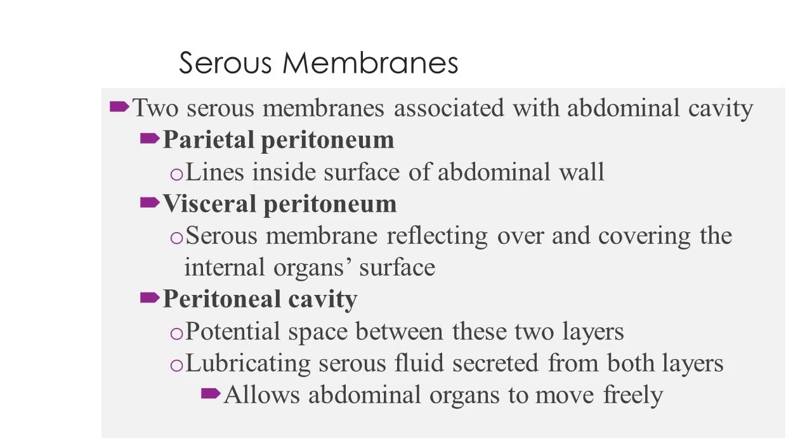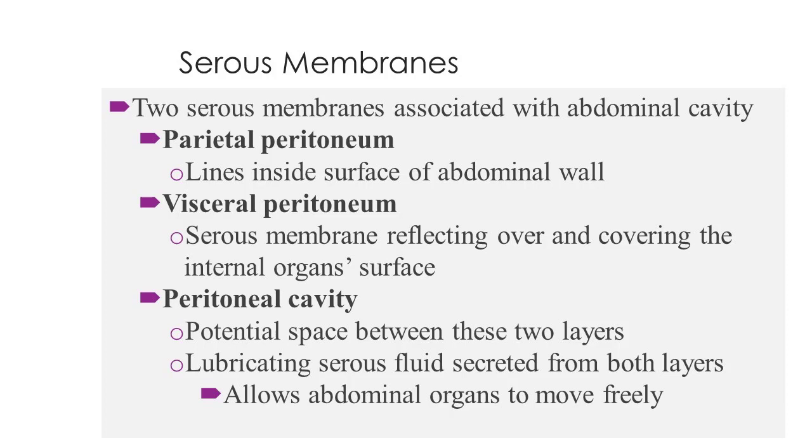So parietal is always going to be associated with the body and the muscles, whereas visceral is going to be on the internal organ, just like the visceral pleura was directly on the lungs. Instead of pleura, we just refer to it by its generic name of peritoneum.